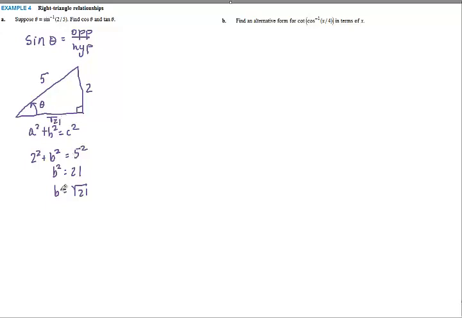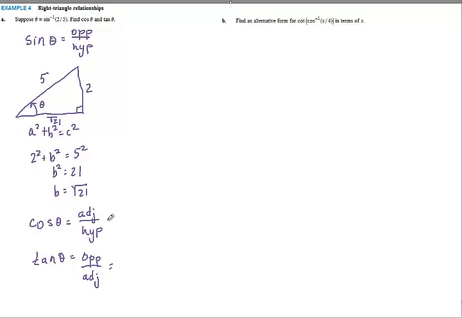They want me to find cosine theta and the tangent theta. Cosine is adjacent over hypotenuse. Tangent is opposite over adjacent.